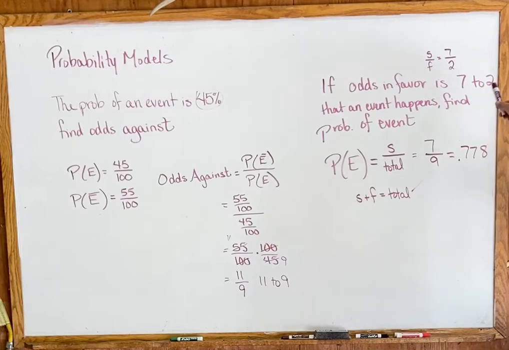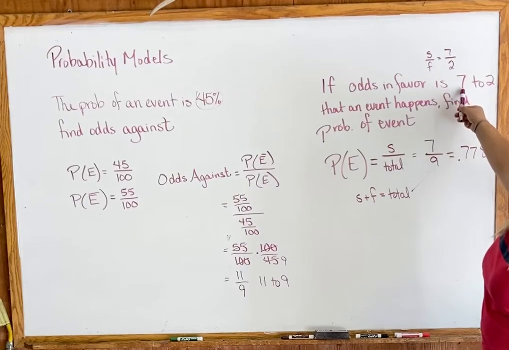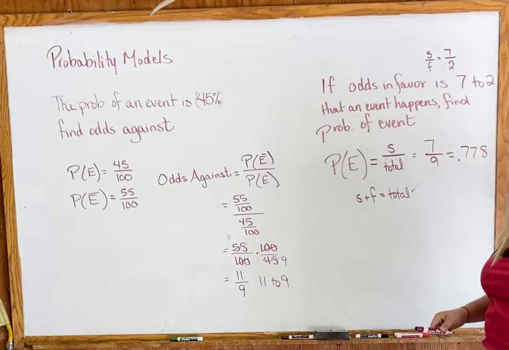So if odds in favor are 7 to 2, it means the probability of the event is 77.8%. So 7 to 2 turns into a probability of 77.8%, which is still a good chance. And again, we look at the favor. The favor is the first one. It's high, so it means there's a good chance.